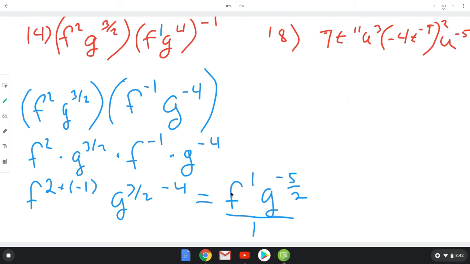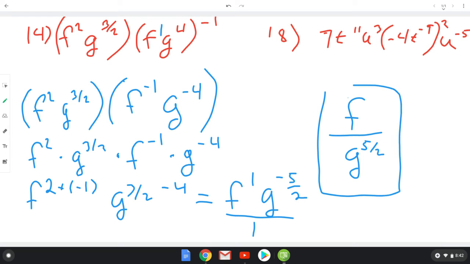And while we're doing that, I don't have to write this 1. So in my final answer, I'm just going to write it as an f without a 1. And then in the denominator, I have my g to the 5/2, because bringing it to the denominator makes my exponent positive. So this would be the final answer for number 14.